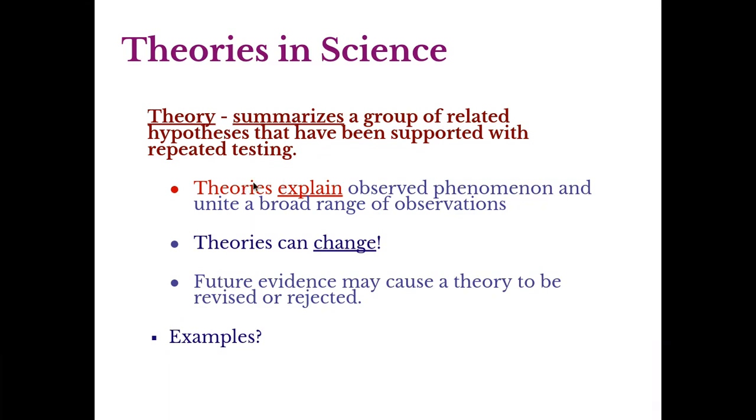If you remember that theories explain phenomena. Theories can change. Theories do change. So as we learn more about a particular phenomenon, or as we gather more evidence, we have to recalculate or reformulate our theory to fit the new data, right? So theories are constantly changing.